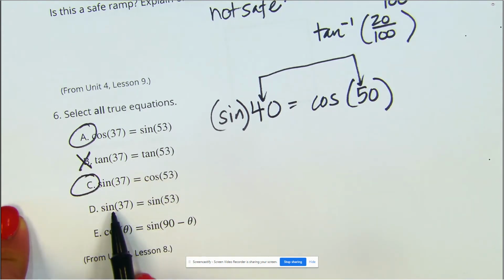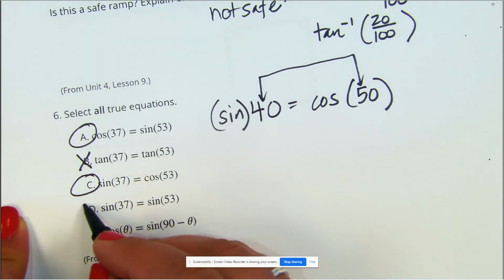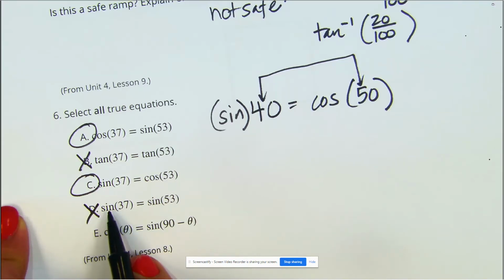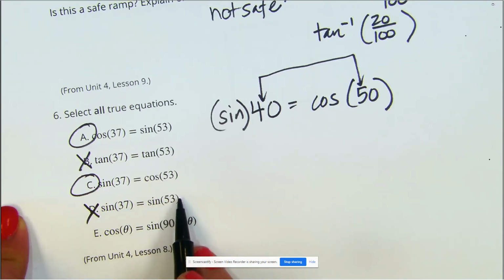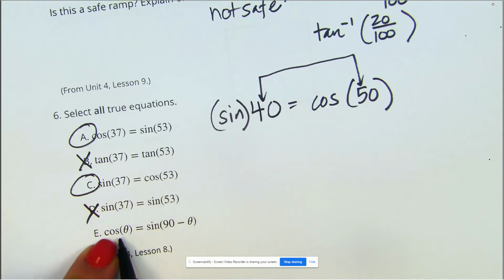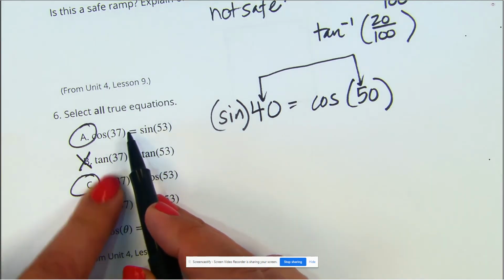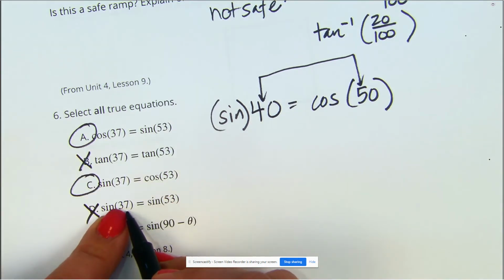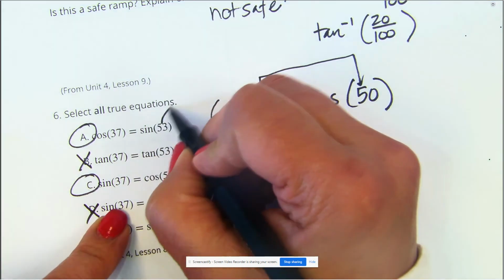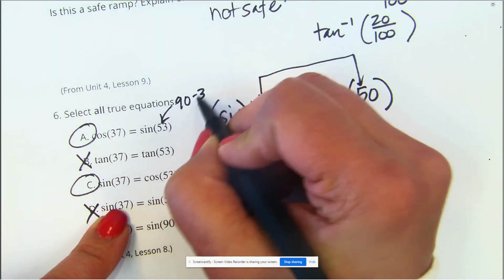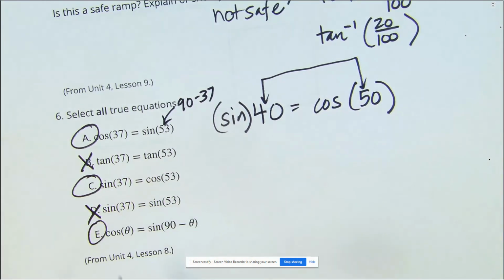The sine of 37 equals the sine of 53? No. It has to be the sine of one is equal to the cosine of the other. And it says the cosine of an angle is equal to the sine of 90 minus that. Yes, that's exactly what that is, right? The cosine of 37 is equal to the sine of 53, which is 90 minus 37. That's basically the rule.